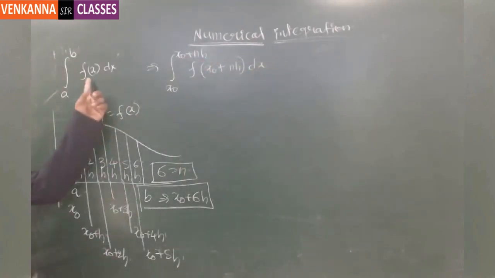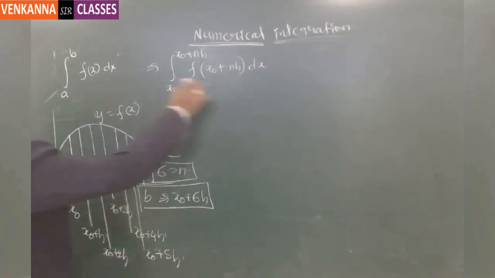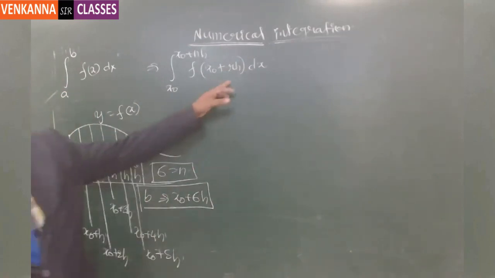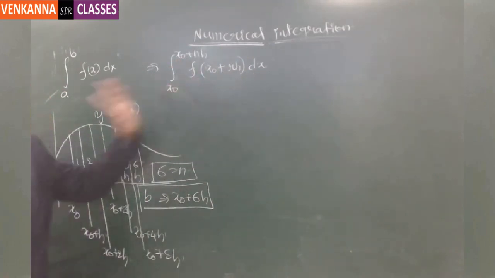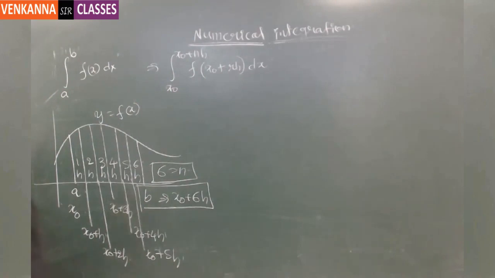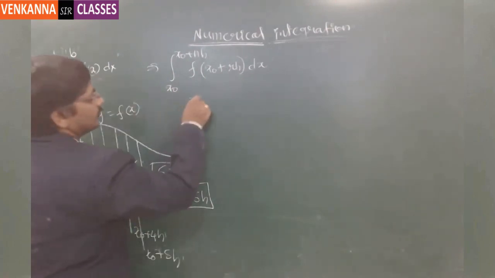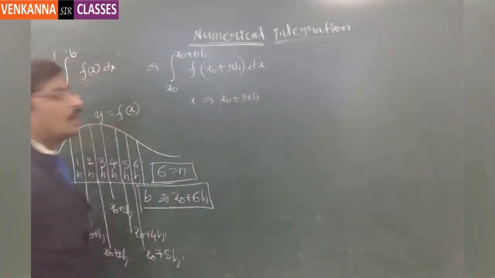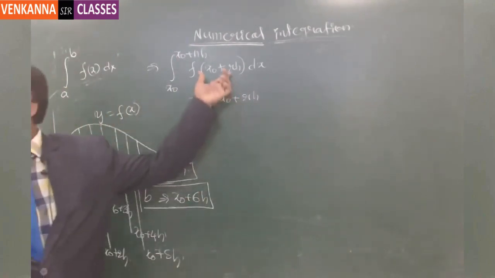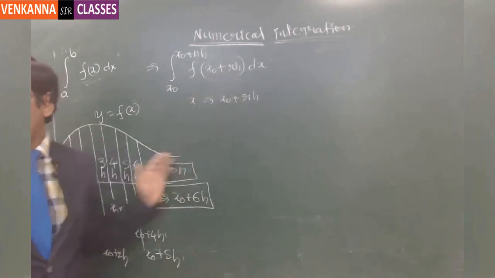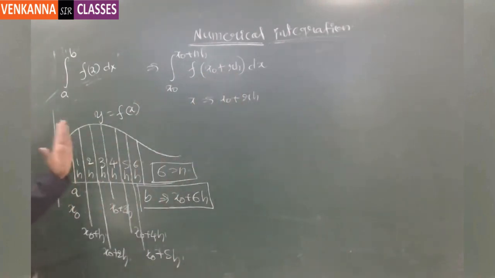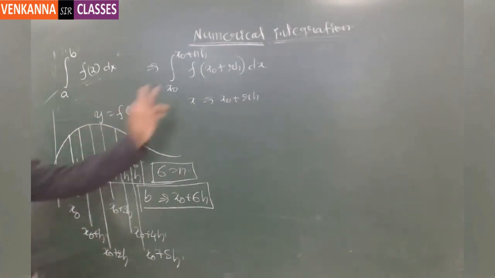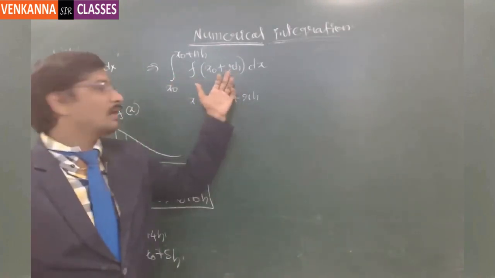The same curve, sorry, some random value r times h, so this is the value we can make use of to calculate, where x is equal to x0 plus r times h. So this r can be any value. At one instant it will be here, and then it keeps on increasing like this. So this is a random in-between value r.